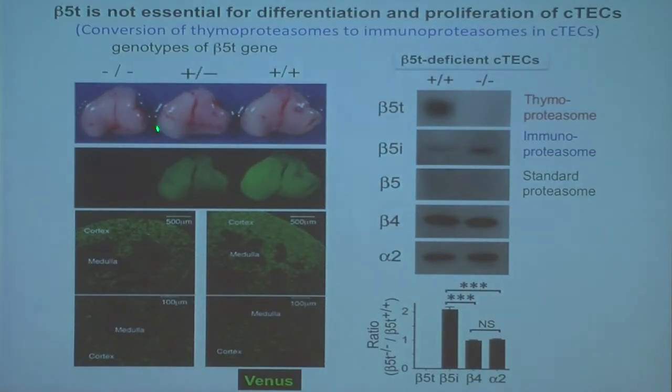As you can see, we couldn't see any difference in the architecture or size of the thymus. The only difference is the deletion of beta 5t; in this case, beta 5i appears instead of beta 5t. So biochemically, the only data we obtained is conversion of thymoproteasome to immunoproteasome.